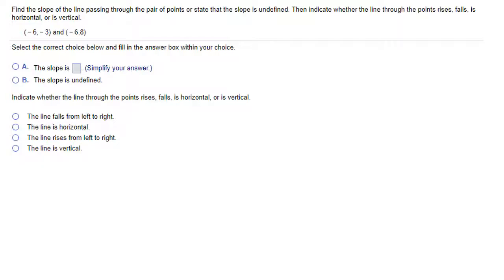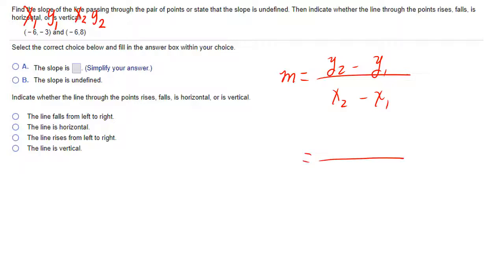Question number 3 uses this same formula. Now my first ordered pair is my x1, y1. My second ordered pair is my x2, y2. So I substitute in the values. I have an 8 and a -3. Those are my y coordinates. I must subtract those.